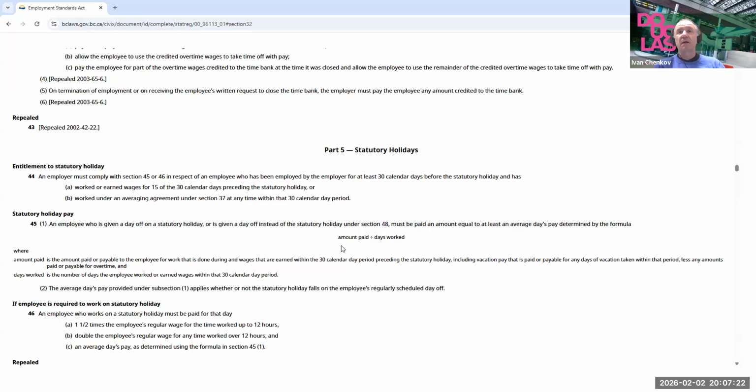Based on the Act, since you worked only 10 days before the statutory holiday, he is going to accumulate the amount paid or payable for those 10 days, divided by 10, and that will be your average day's pay. The amount that you were paid for the 10 days divided by 10 is how much you're going to get.